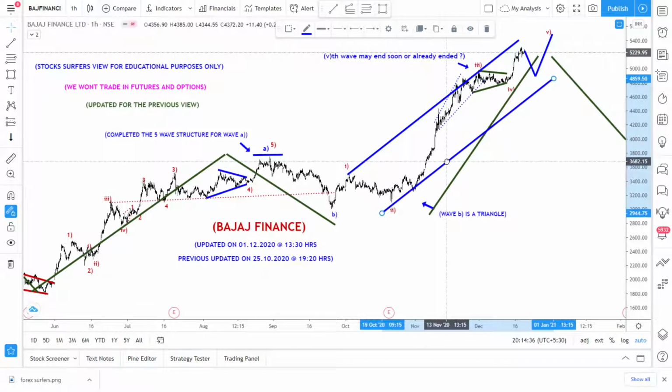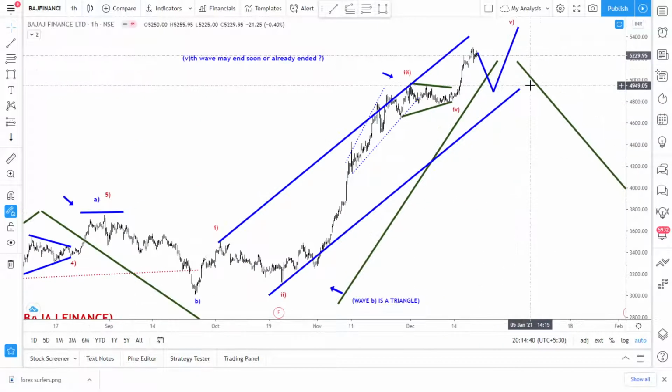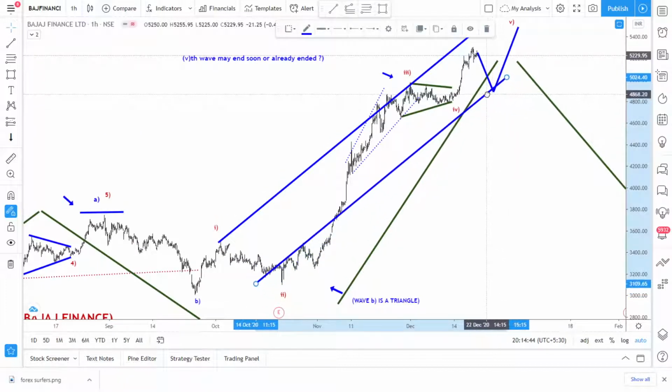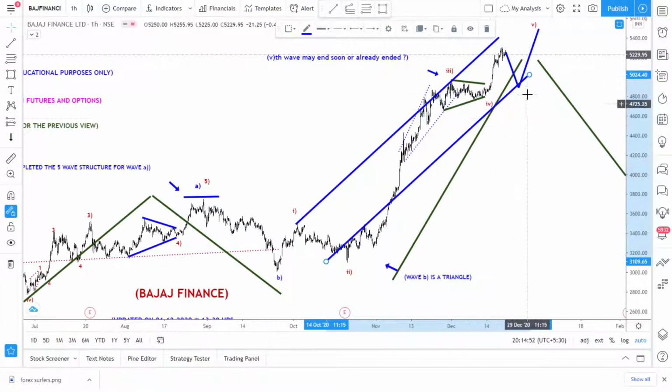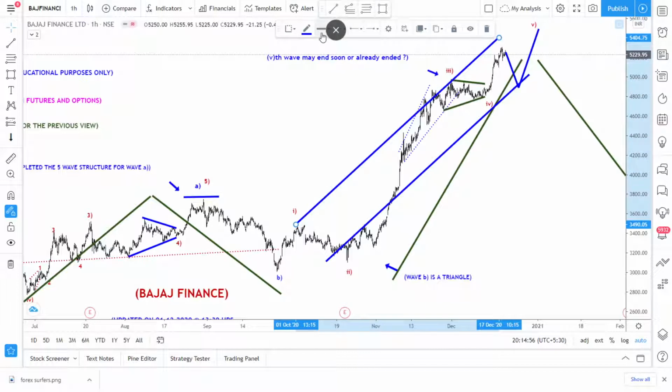Just clone this. Yeah, and again it may or may not touch this. Let's see. Yes, 1. So this could be a 2, and it can again retest this channel, and again one more high is also possible.